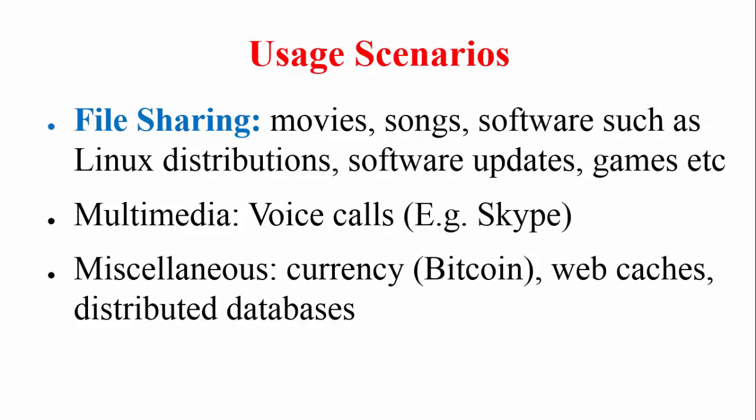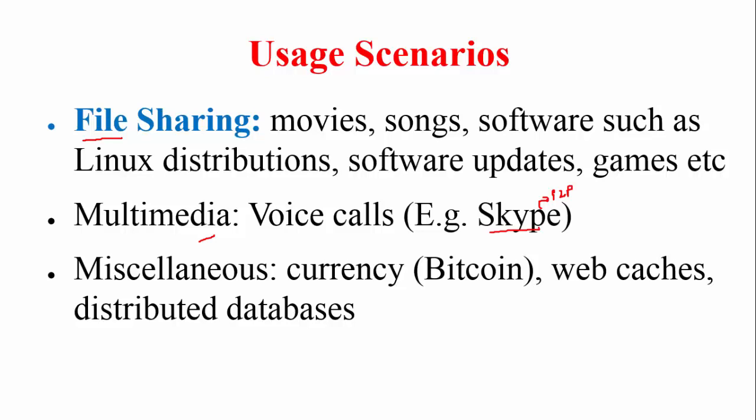So what are these peer-to-peer networks used for? The predominant use is in file sharing. So these are used for sharing movies, songs, software such as Linux distributions, which can be very large, software updates, games, and so on. These are also used, for example, in multimedia applications. The popular Skype is based on peer-to-peer architecture.